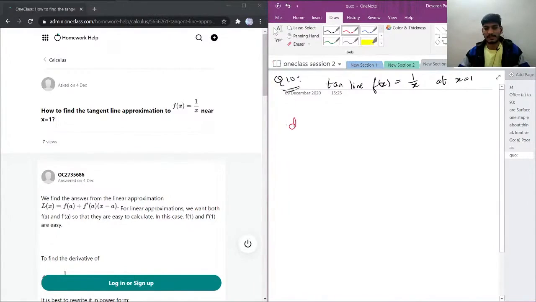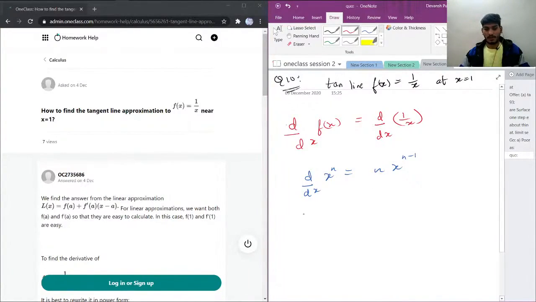So I will take the derivative of f of x, which is equal to the derivative of 1 over x. Now in this I'm going to use the power rule of derivative. So let's say d dx of x power n is n times x power n minus 1.